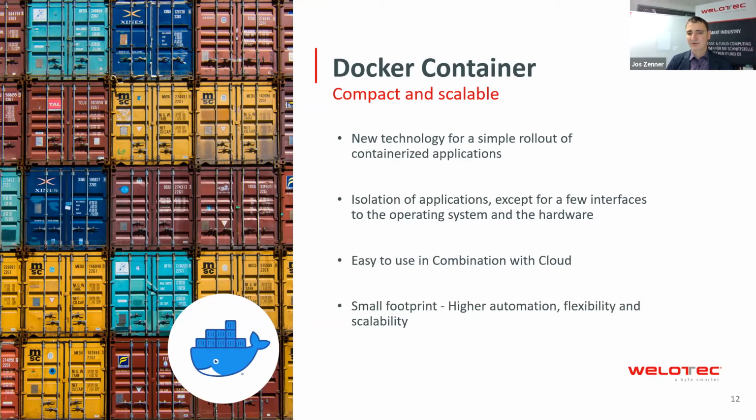And they have a very small footprint, so you can have much less computing power to run isolated applications, to run more applications, so you don't have much overhead from the operating system. Or if you use virtualization instead, operating systems, because you need to have overhead for each Windows or Linux that you are running there.